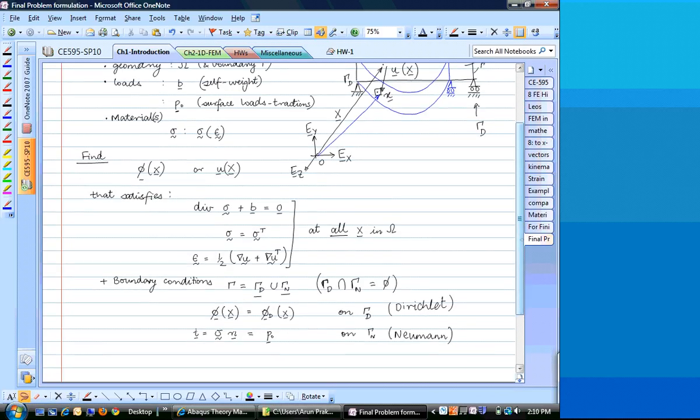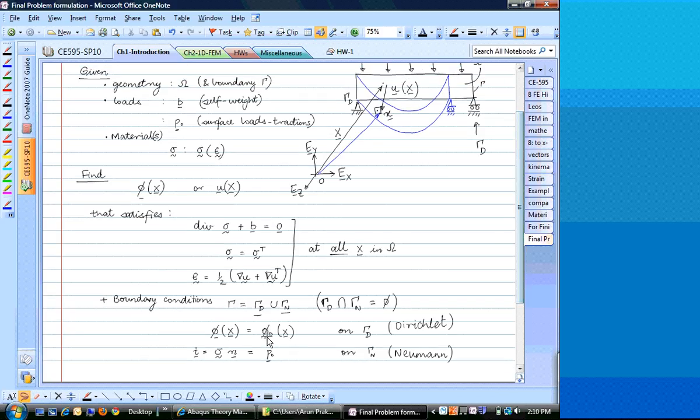All right, so finally, the statement is that we have to find this map such that it satisfies all these equations at every point in our domain, plus it should satisfy this equation on gamma d. Now this equation says that my map or the displacement on my boundary has to be given to be some value. So for example, what would be the value of this function at this point at gamma d?